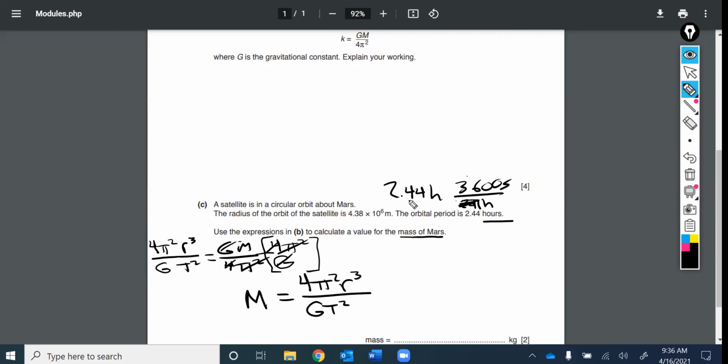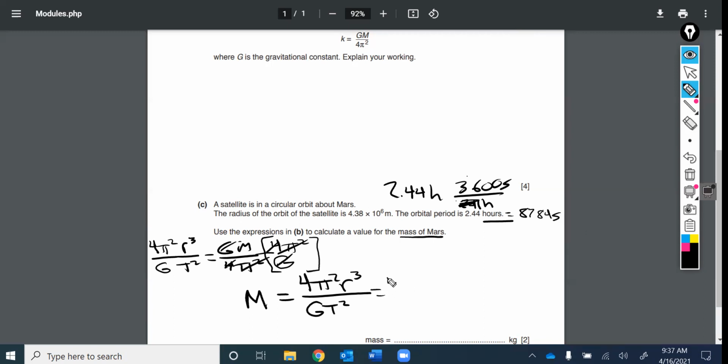So we multiply 2.44 hours by 3,600 seconds, then we'll have those units of time where we can actually substitute it into our equation. 3,600 times 2.44 gives 8,784 seconds. So hopefully you converted that okay. That's the value we need to plug in for T here.